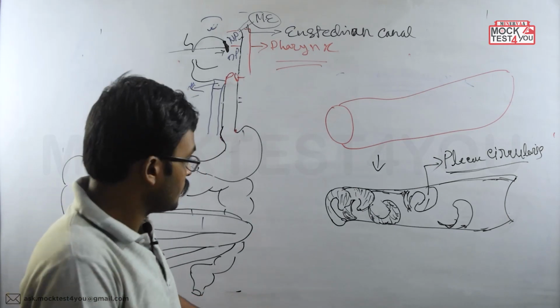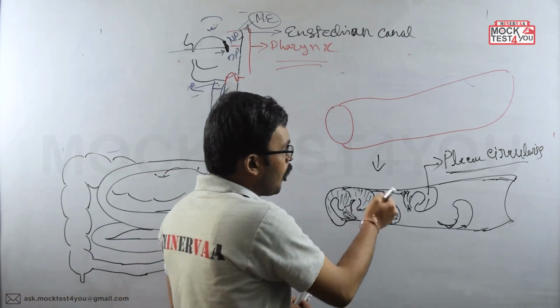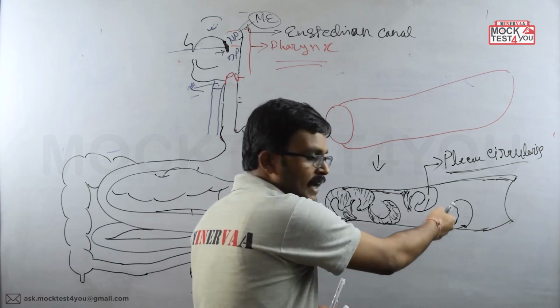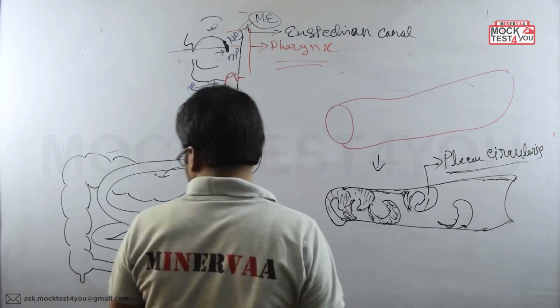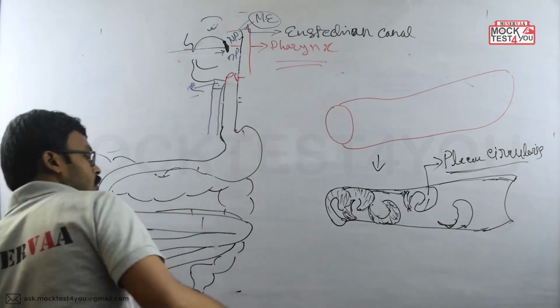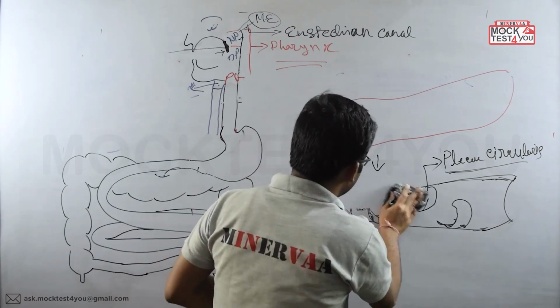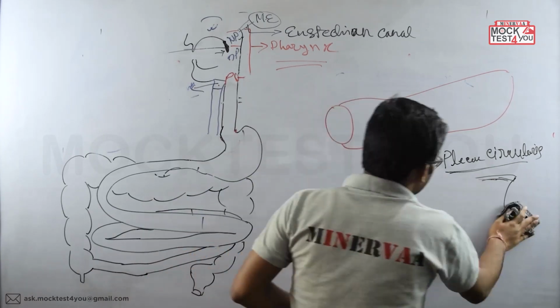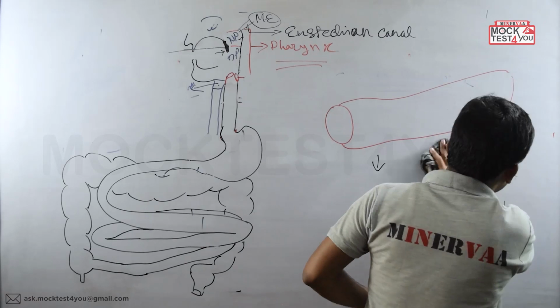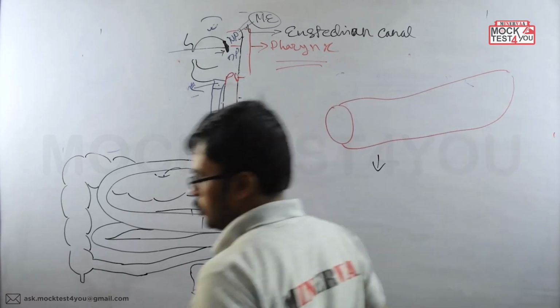Now if I see the wall of plica circularis or other areas of the inner lumen, then what do we observe else over here?